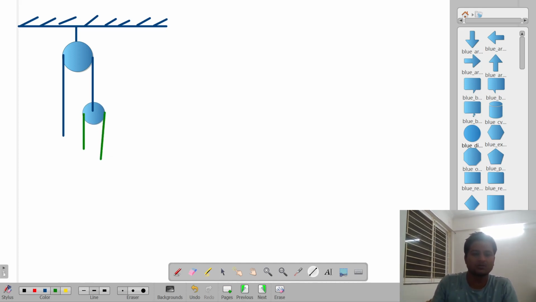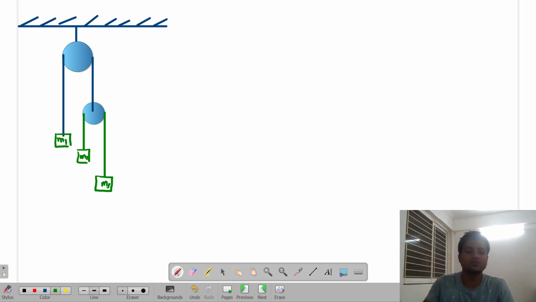So now this is having three block systems. Consider it to be mass m3, consider it to be mass m2, and then consider it to be mass m1. Now, find the equation of motion when m3 is greater than m2. Find the acceleration of the blocks for this case.